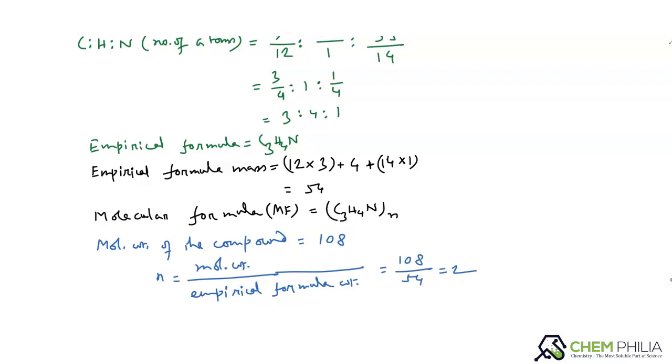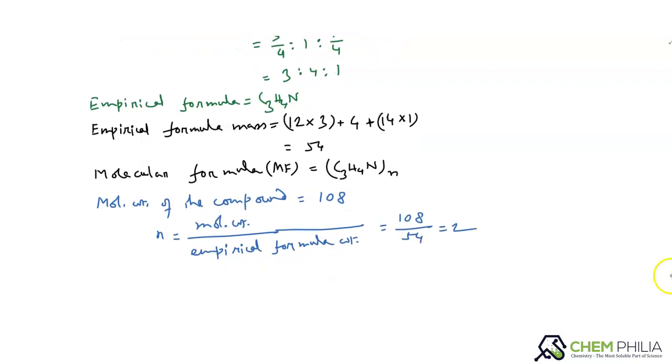That is, the value of n is equal to 2. So the molecular formula we can write in short MF. MF means molecular formula. It's C3H4N whole 2, that is C6H8N2. So the answer is C6H8N2.